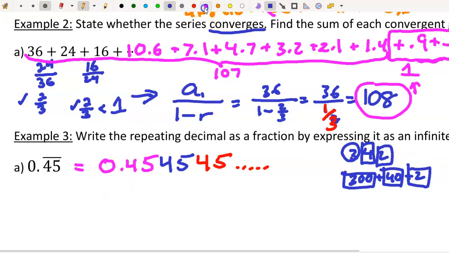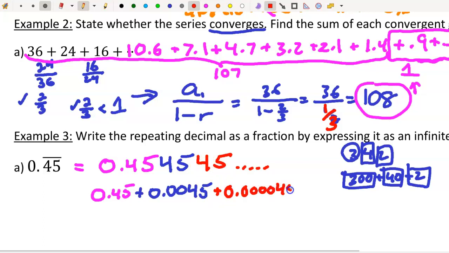So, of course, 0.45 is equal to 0.45. But this right here, tenths, hundredths, thousandths, ten-thousandths, is equal to 0.0045. And, of course, this 45, the red one, is going to be equal to 0.000045.